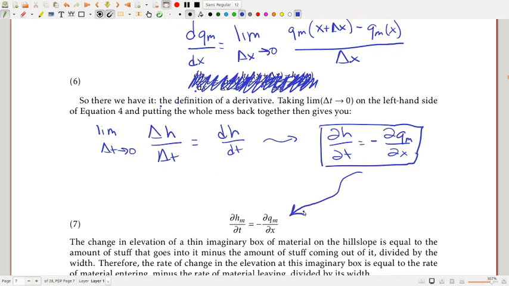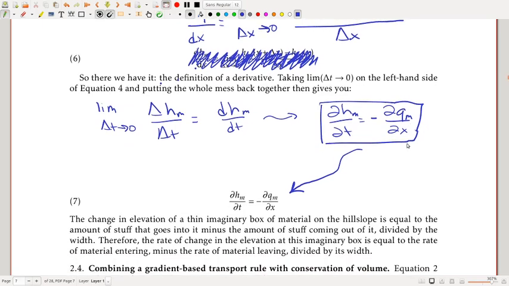And this is showing us how we can conserve mass, and we can actually show that there's a distinct change. I'm going to add m's to all of these. A distinct change in the thickness of mobile material per unit time as a function of the gradient of material moving into and or out of the box.